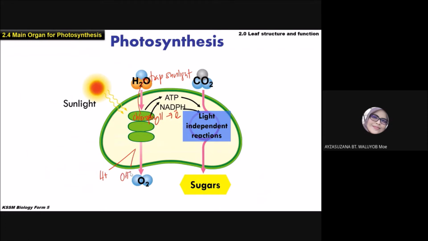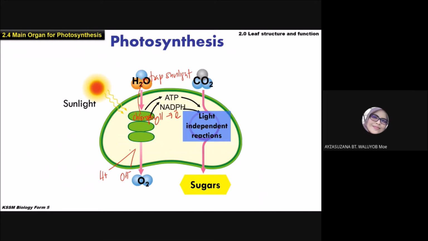Okay, jadi matahari yang trapped by the chlorophyll tadi, first this light energy that activates the chlorophyll and causes to release high energy electron. Another function, the split the water to form hydroxide ion and hydrogen ion.